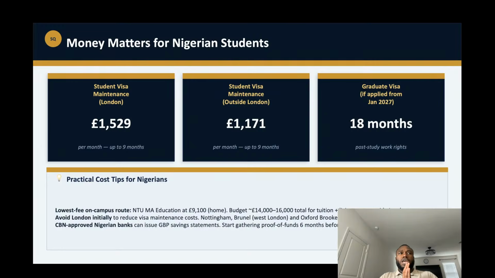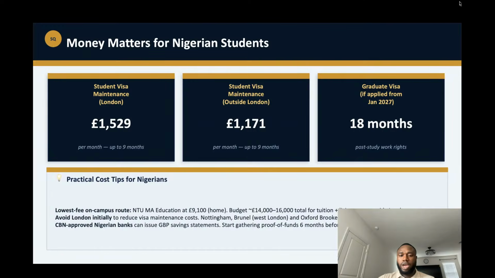So as you're looking at tuition deposits, also look at the total tuition amounts, so that you're not just saying, let me get my CAS, apply for my visa, and then once you get to the UK, you struggle to pay the rest of your tuition. You don't want to be in that kind of situation.